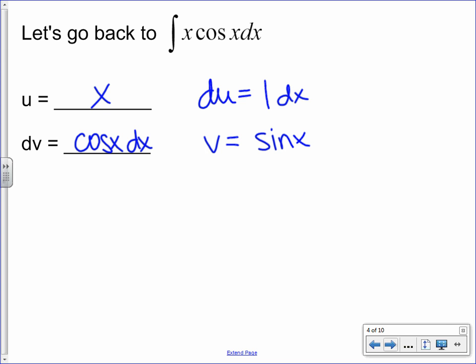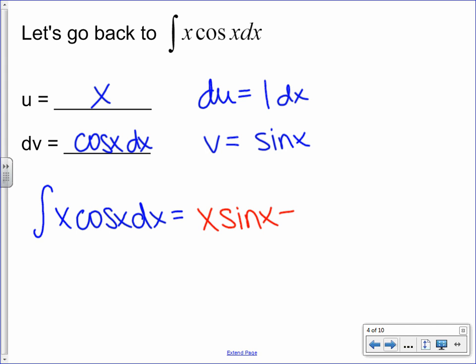Okay. So the integral of x cosine of x dx would be u times v, minus the integral of v du.